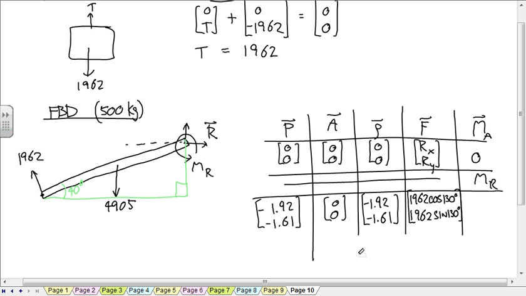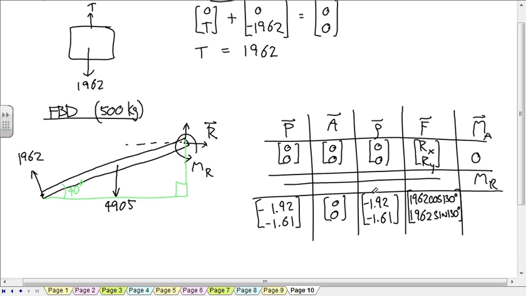And what about the moment? Well, you could do that sort of ugly cross product, or you could just notice that this is a force of 1962 going this way with a moment arm of 2.5. Either way is fine. You could calculate that cross product, and your calculator does it easily.